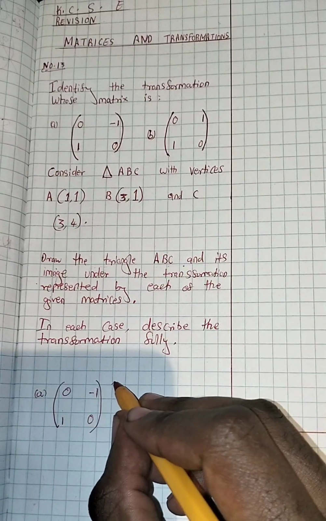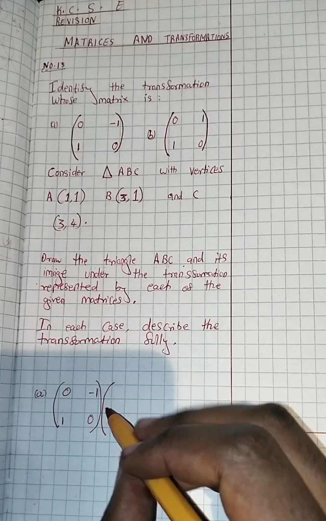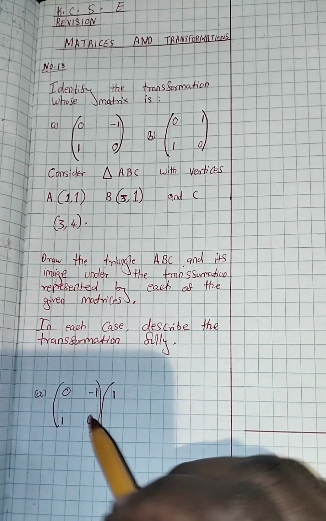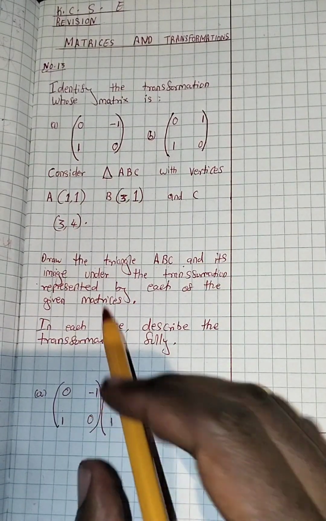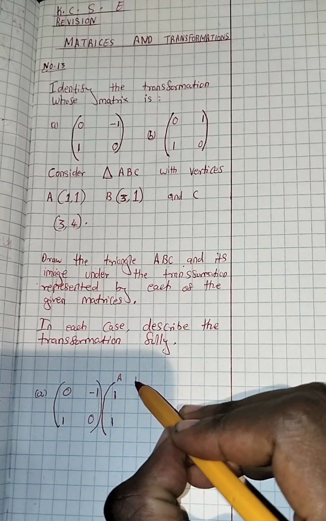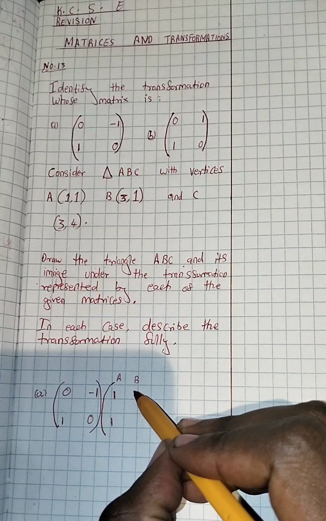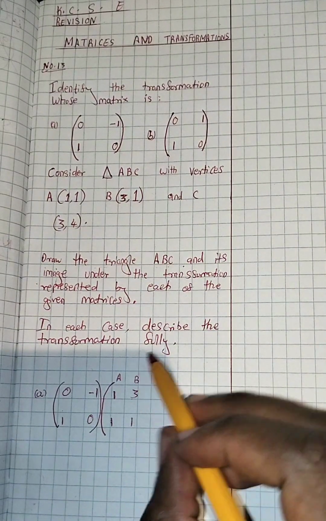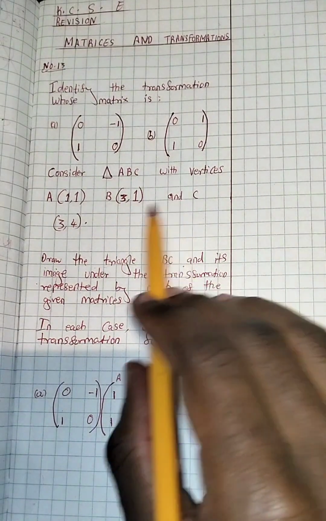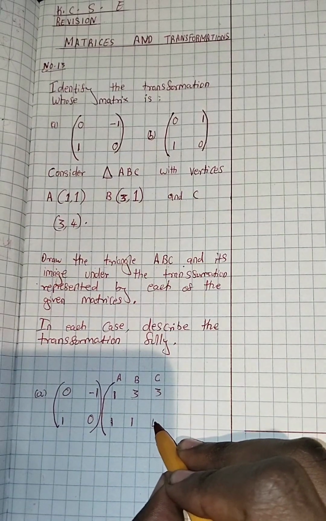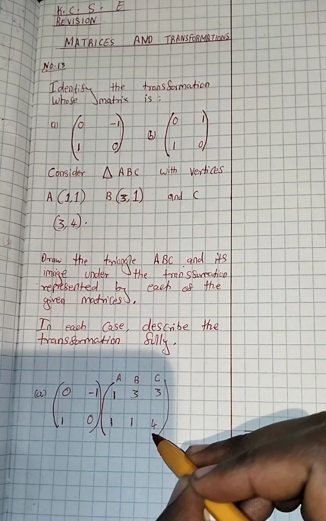We have A(1, 1). I open another bracket like this, learner, and write here 1, and the one next I write below it, which is 1. Remember this is now my A. Then the other one is B, which I write as 3, and this one I write below, which is 1. And then I have C, which is 3. I write 3 here, and down below I write 4, and then I close the bracket.